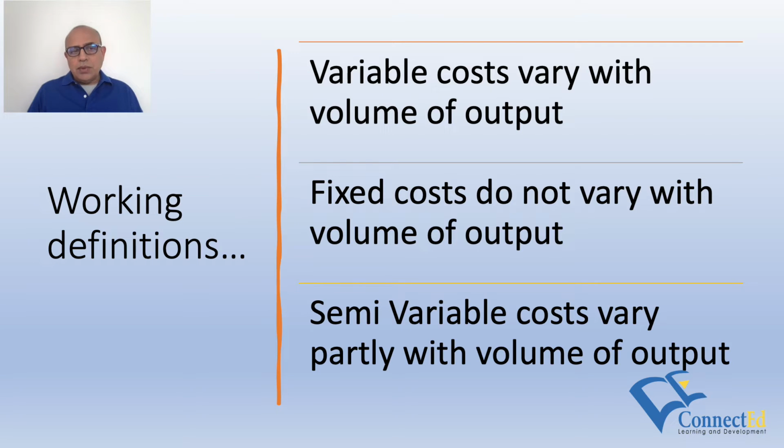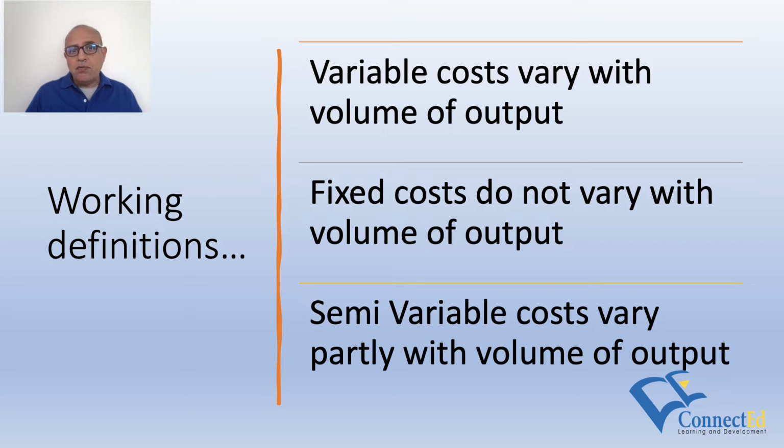So let's start with some working definitions. Variable costs will vary with volume of output. Semi-variable costs will vary partly with volume of output. So they are between variable and fixed. Fixed costs do not vary with volume of output within a certain range. As I gave you an example, 0 tables to 5,000 tables, you don't need additional factory capacity, so you can work with the same level of factory rent.